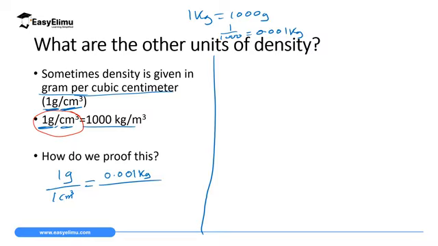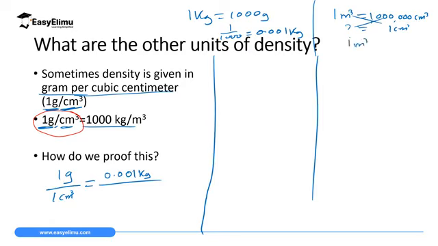Can we convert 1 cubic centimeter to the SI unit, that is cubic meter? Remember we said 1 cubic meter is equal to 1 million cubic centimeters from volume. Remember what we discussed. Then if we have 1 cubic centimeter, how many cubic meters are there? So it will be 1 cubic meter times 1 cubic centimeter all over 1 million cubic centimeters.